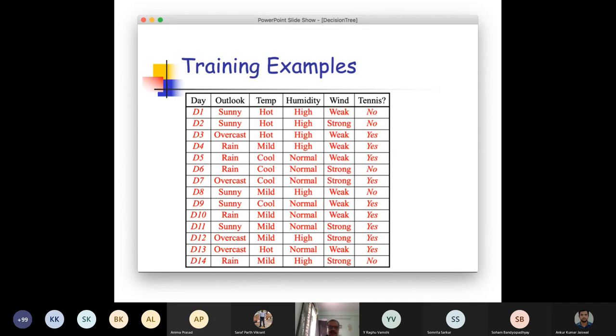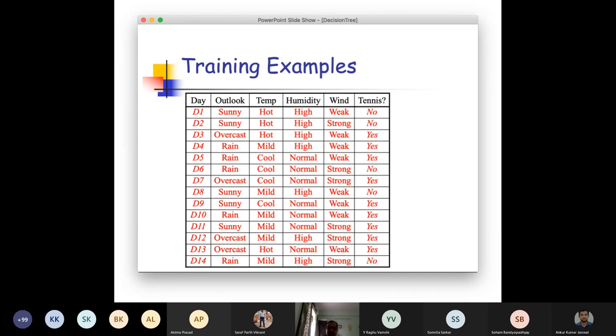So let us discuss with respect to these training examples, which are a bit similar to the previous one. As you can see here, we have certain records, certain observations, 14 days of records, but there are 4 attributes. Earlier, we had taken 6 attributes in our example.